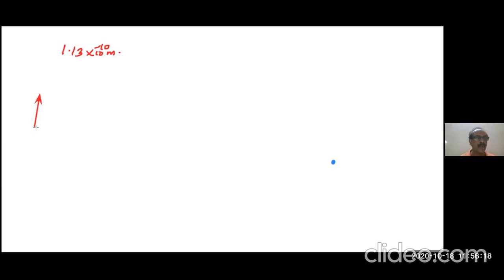Locate the center of mass of the molecule relative to the carbon atom. So this is carbon.